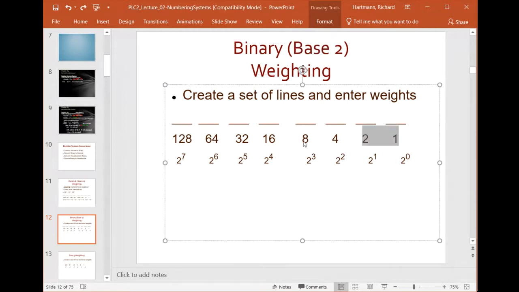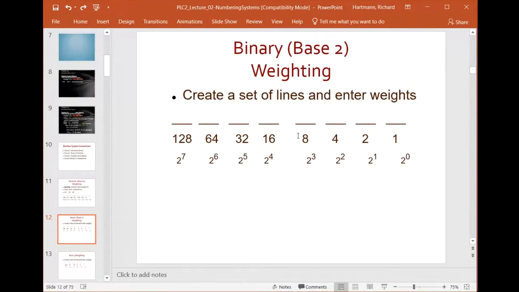We start with the ones column, and the next is 2 times that: 2 times 2 gives us 4, 2 times 4 gives us 8, 2 times 8 gives us 16, 2 times 16 gives us 32, 2 times 32 gives us 64, 2 times 64 gives us 128, 2 times 128 gives us 256, and so on.